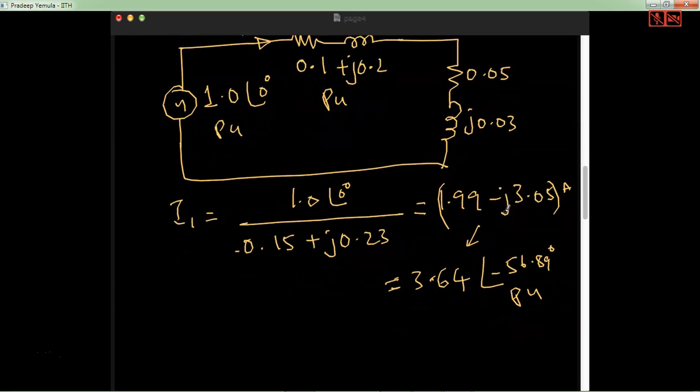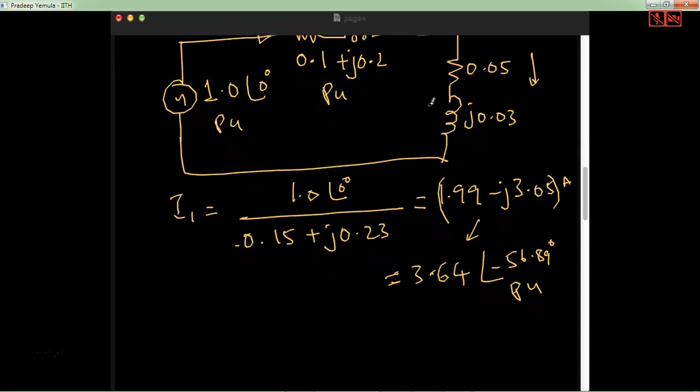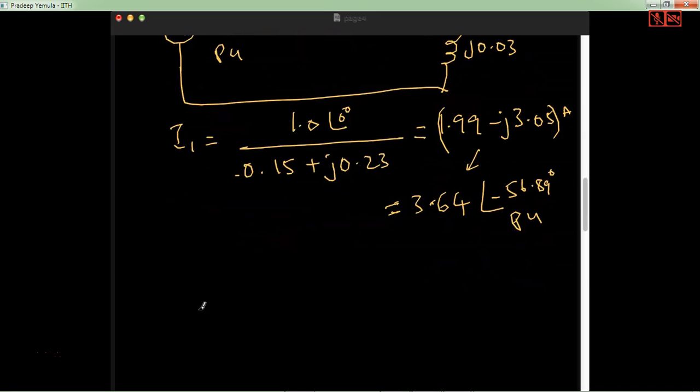Now, to answer the question, what is the current in the load? When you want to find the current in the load, remember this was in region 2, so simply multiply with the base. So load current IL equals I per unit multiplied by I base in region 2.